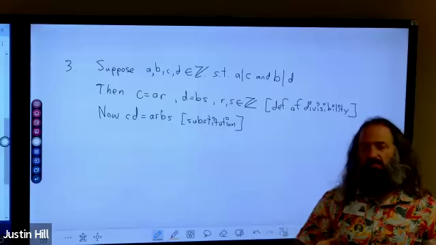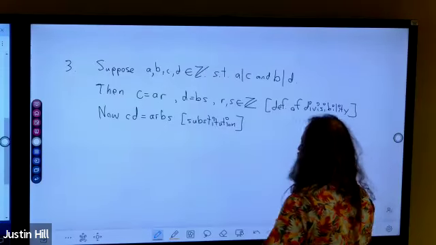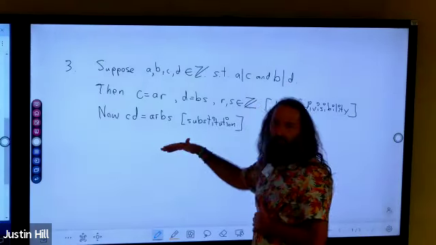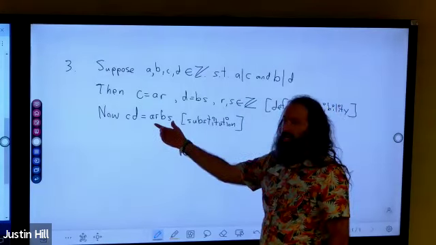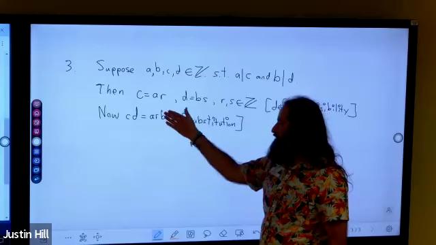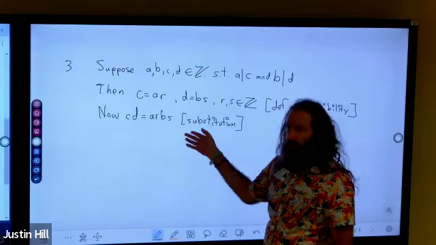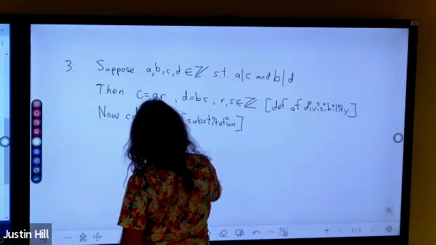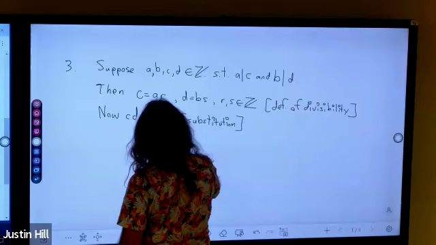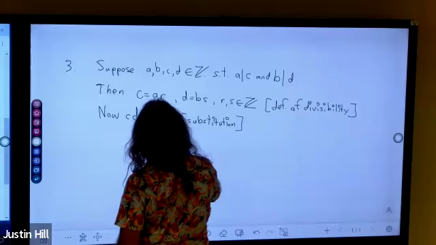That starts me towards the definition that I'm trying to prove, and it also gives me the a and the b. Again, what I want is ab times an integer equals cd. So let's do a little rearranging. Using a little bit of algebra, this is going to be ab times rs.